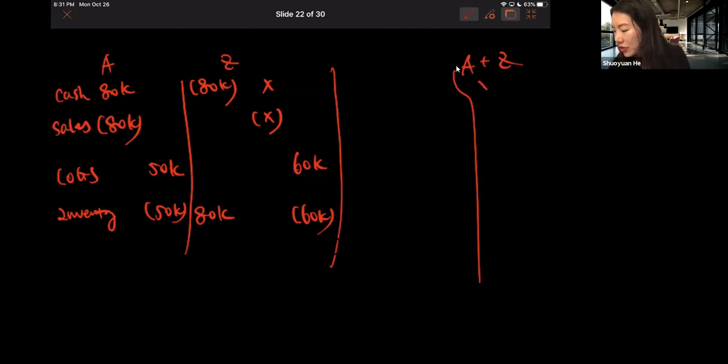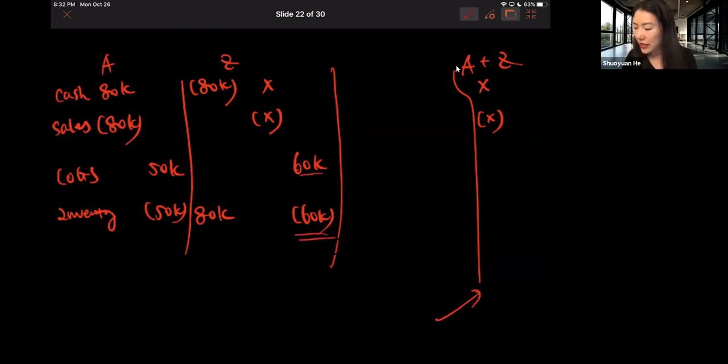So cash goes up by X and it recognizes X of sales. Cost of goods sold is associated with the 60,000.